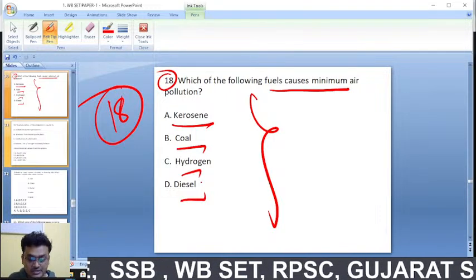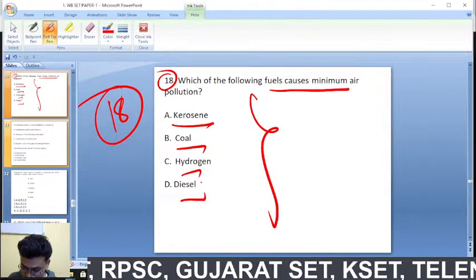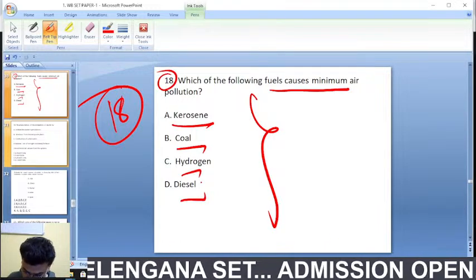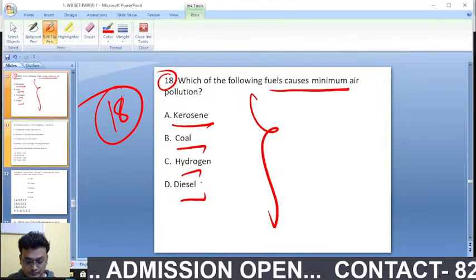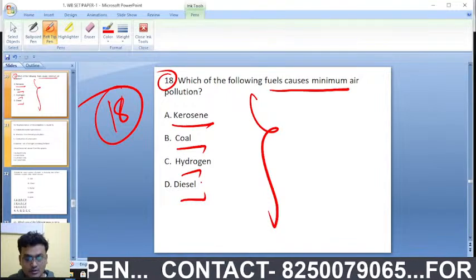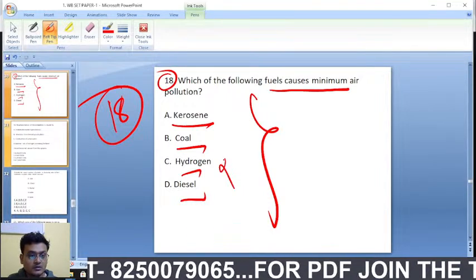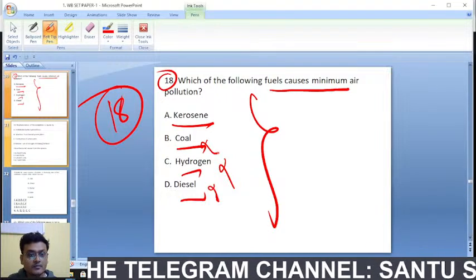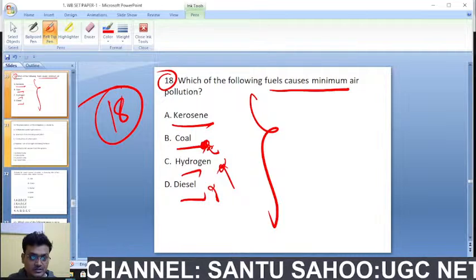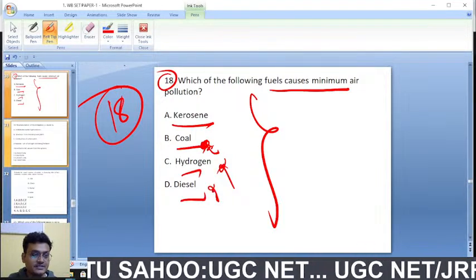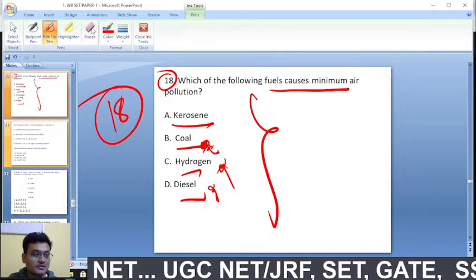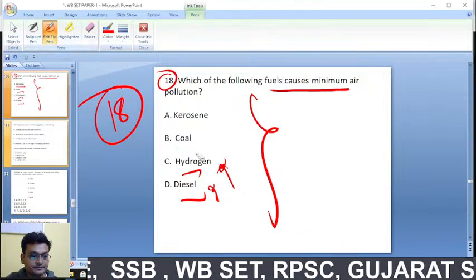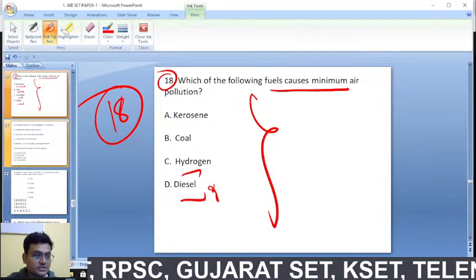Minimum. Hydrogen, diesel. Is it? Hydrogen. It's hydrogen, the right answer. चलो, hydrogen.